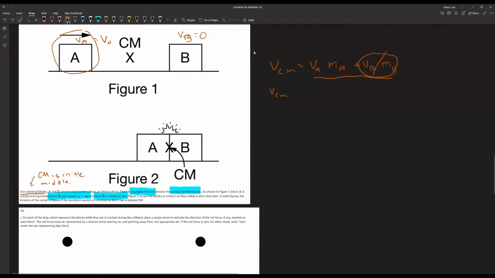But block B is at rest, so that term is 0. So the velocity of the center of mass is mA over mA plus mB, times the initial velocity of A. The center of mass moves in the direction of A's motion, and it's still smack dab in between them because they're identical masses. So just a little feature for the future.